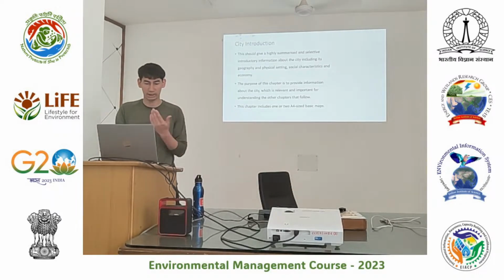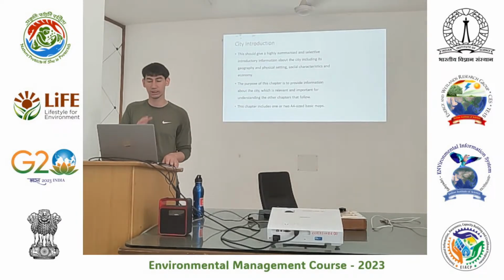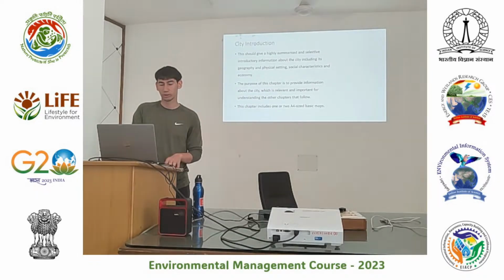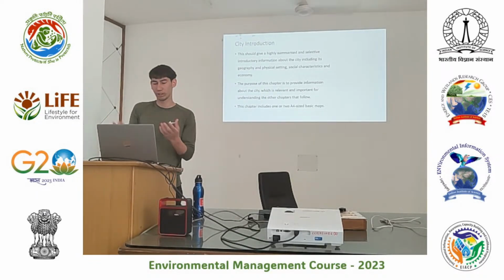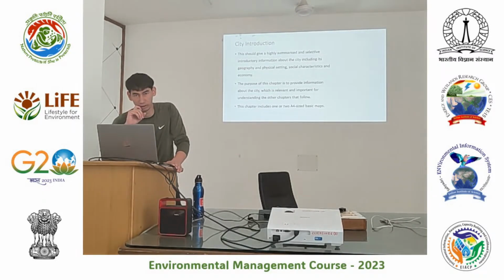The first is city introduction. This will give highly summarized and selective introductory information about the city, including its geography and physical setting, social characteristics and economy. So it gives a brief description about the city, and the purpose of this chapter is to provide information about the city which is relevant and important for understanding the other chapters that follow.